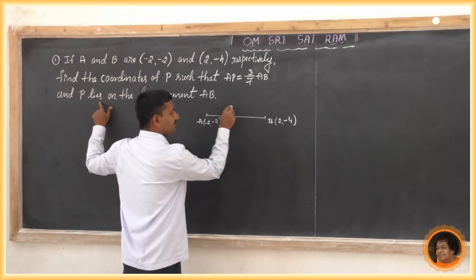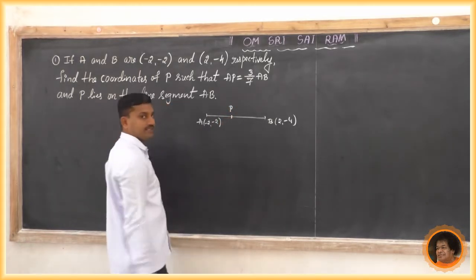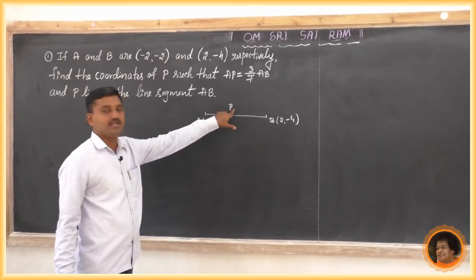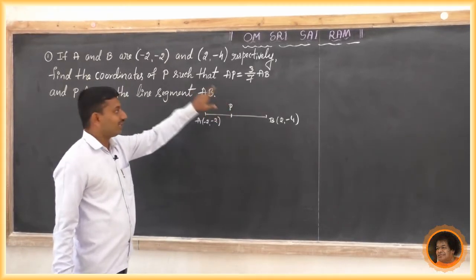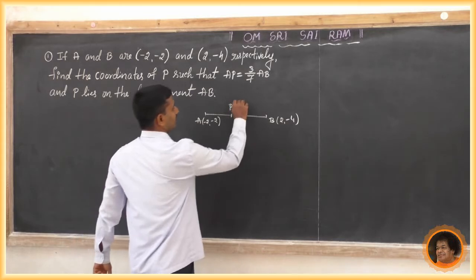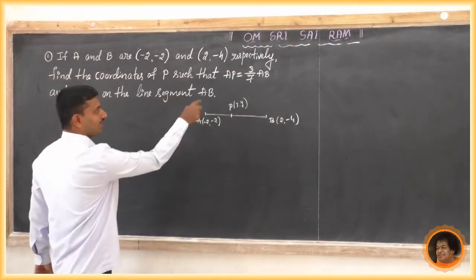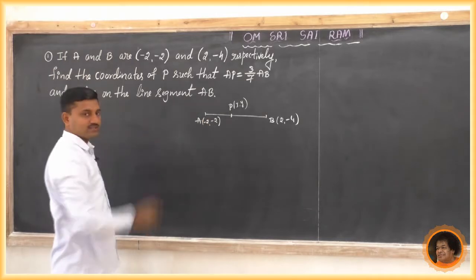So, point P lies on AB. We have to find the coordinates of the point P. So, let the coordinates of the point P be (x, y). We have to find the x value as well as the y value.